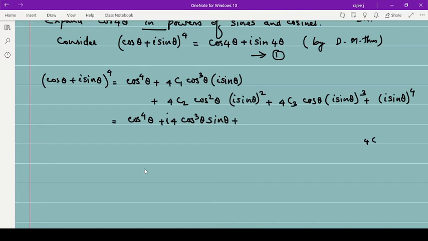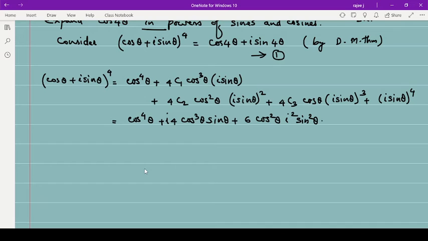In the calculator you will get 4C2, or the denominator is 2 into 1 and the numerator is 4 and 3, two numbers. Cancelling, 2 threes are 6. So 6 cos square theta, and this is i square sin square theta.